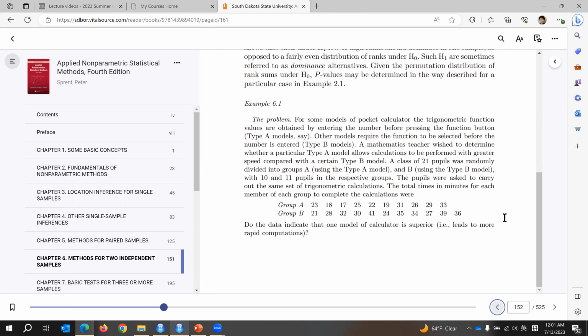They do the same set of trigonometric problems. Here are the times of each student in Group A and Group B completing the problems. The unit is minutes. So do the data indicate that one model is faster than the other? This is the problem statement.